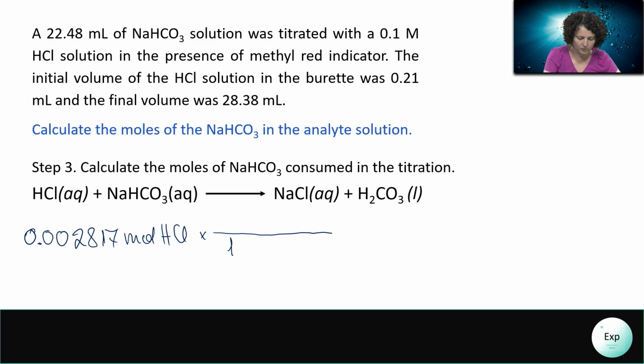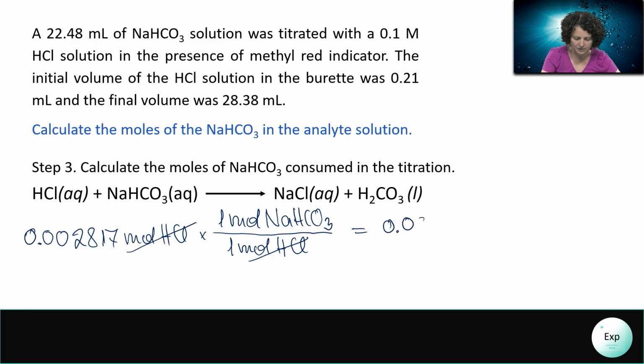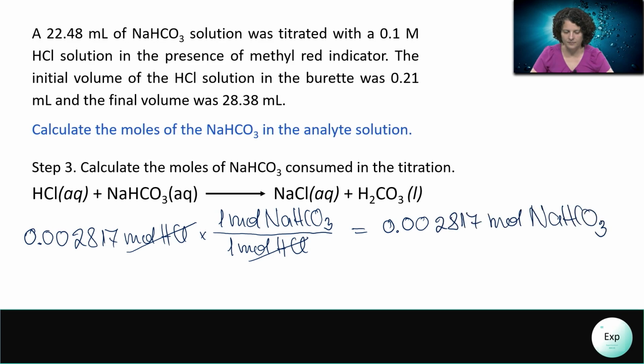We're going to use the mole ratio. Every time we react 1 mole of hydrochloric acid, it will consume 1 mole of sodium bicarbonate. The moles of hydrochloric acid cancel, and we are left with 0.002817 moles of sodium bicarbonate.